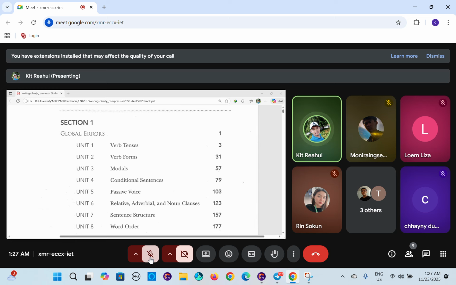So when we talk about the word perfect in general, perfect means before. When we use perfect tenses to talk about something that happened before something in the past, we use past perfect. Before something in the present, we use present perfect. And before something in the future, we use future perfect.